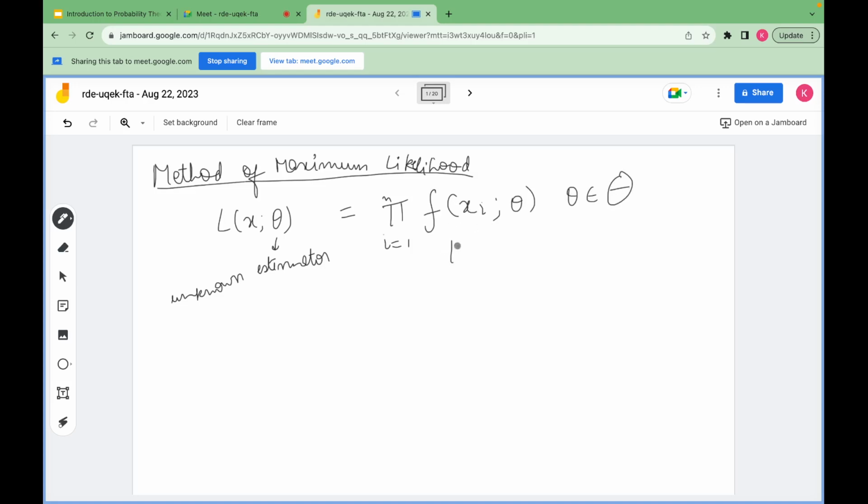This f function is for the population. In this population function, we will put the sample data values, then multiply all those values together, which will give us L, the likelihood function. I will explain it with an example.